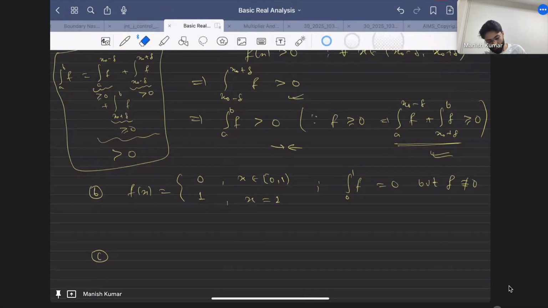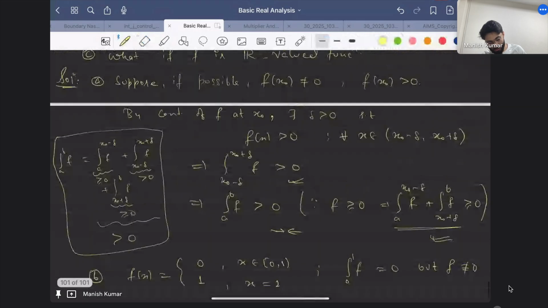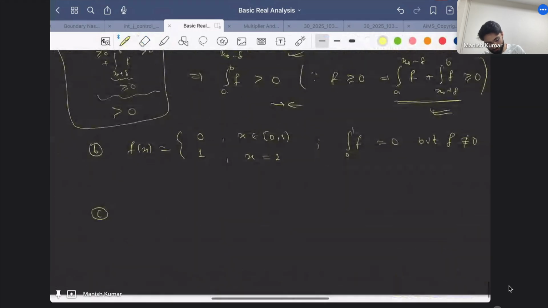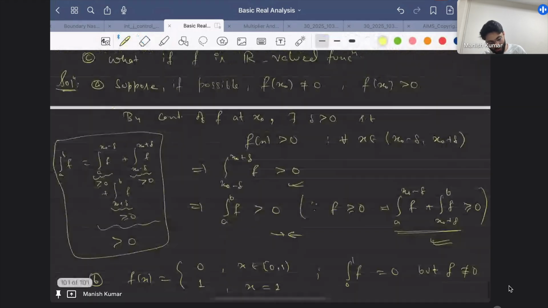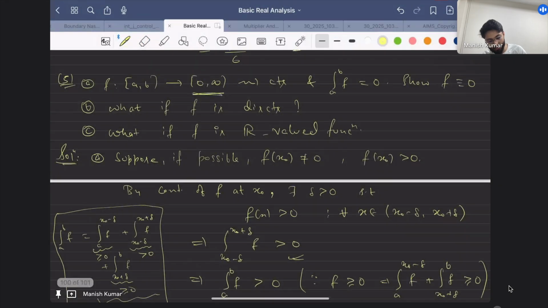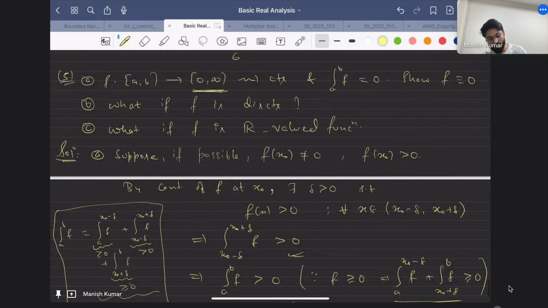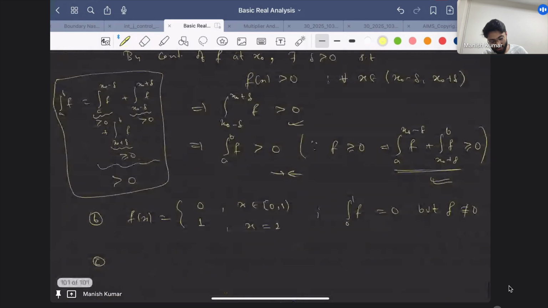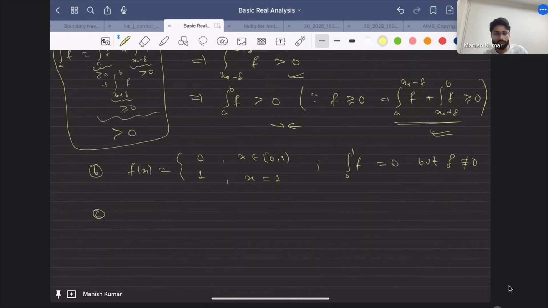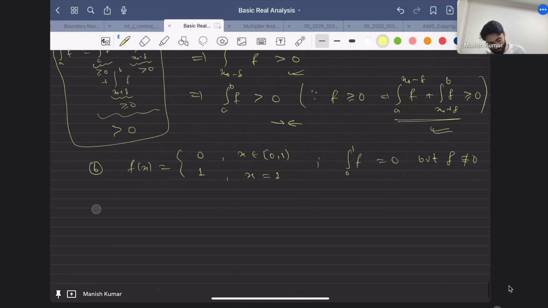So what about the third one? Here we have used the fact that f is greater than or equal to 0. Otherwise we could not conclude this. So what if I remove this condition? This we cannot then conclude, sir. So can you give some example? You can think of any function you want, a kind of symmetric one.